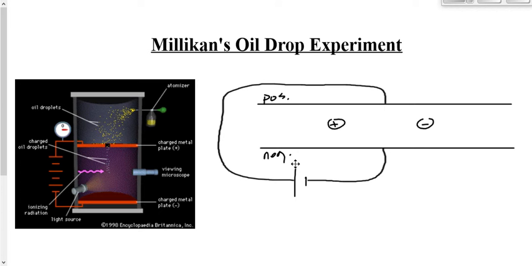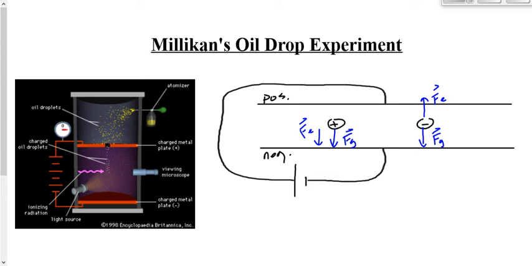So even with the plates, there will be a force of gravity acting down on both of these particles. But with these plates, there will also be an electric force acting. An electric force on the first one acting downward, away from the positive toward the negative. An electric force on the second one acting upwards.